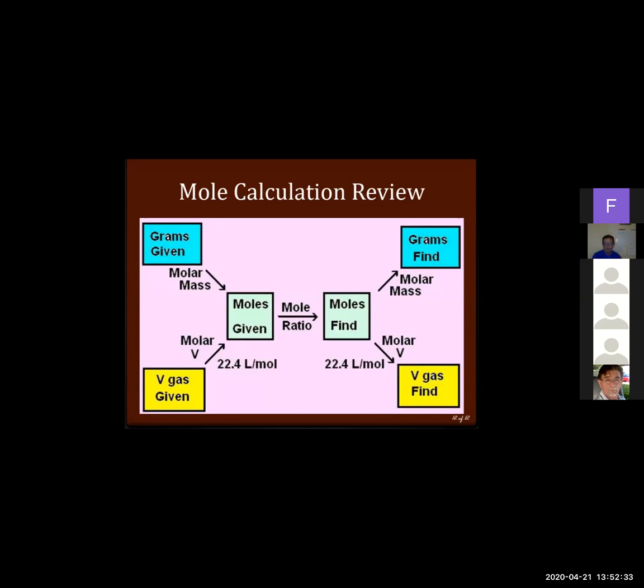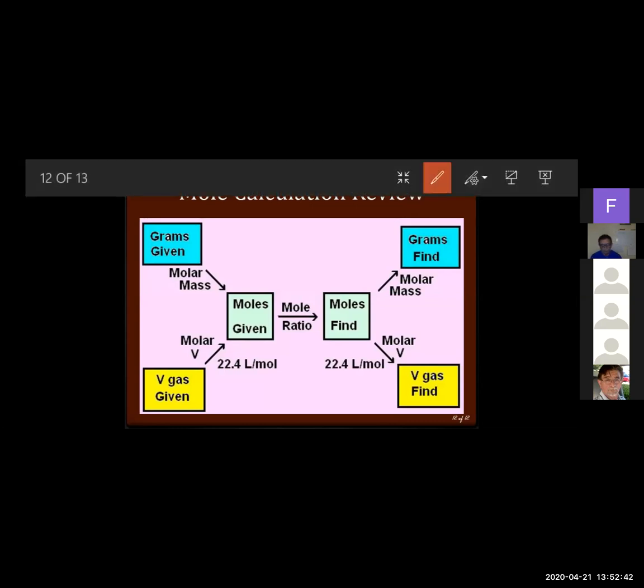So that flow chart summarizes this whole stoichiometric relationship and how to get from point A to point B. The thing to remember is that we need to get through moles, converting anything to moles so we can compare apples to oranges. If I start with grams, I divide by the molar mass to give me moles.